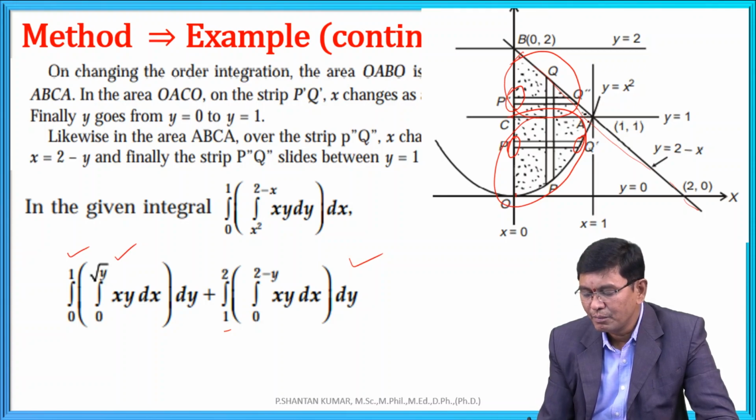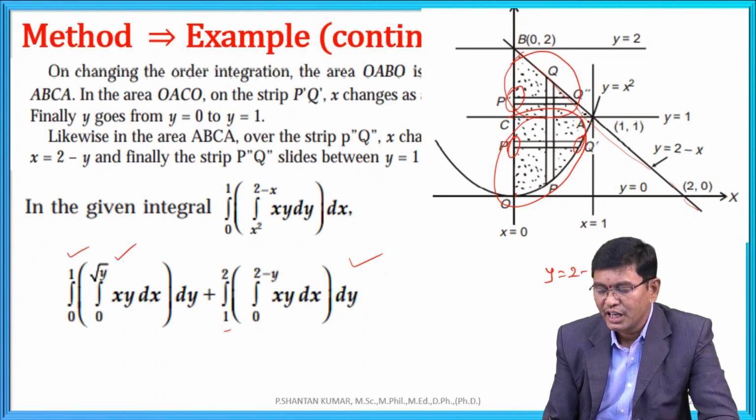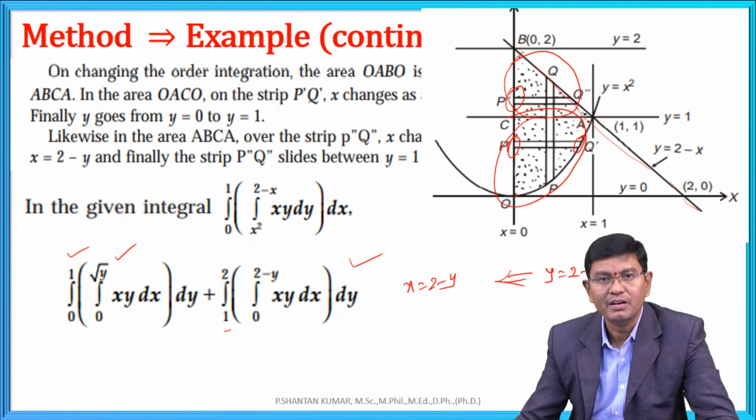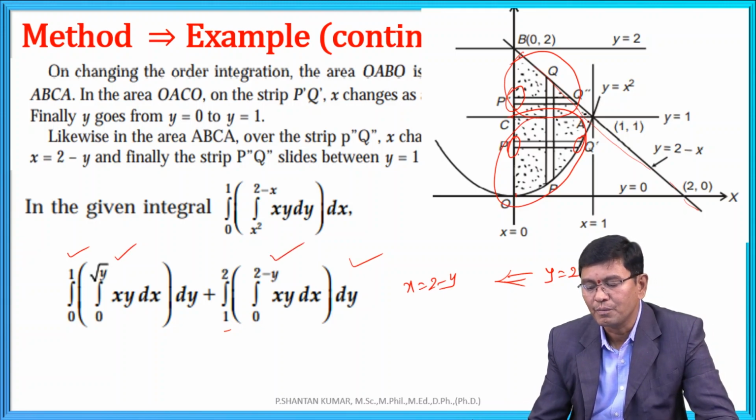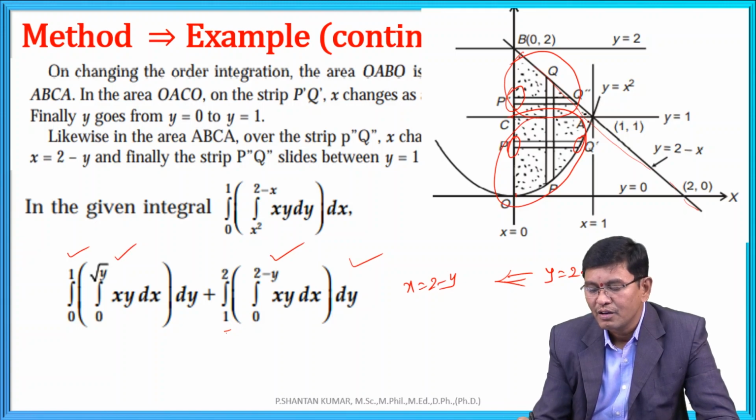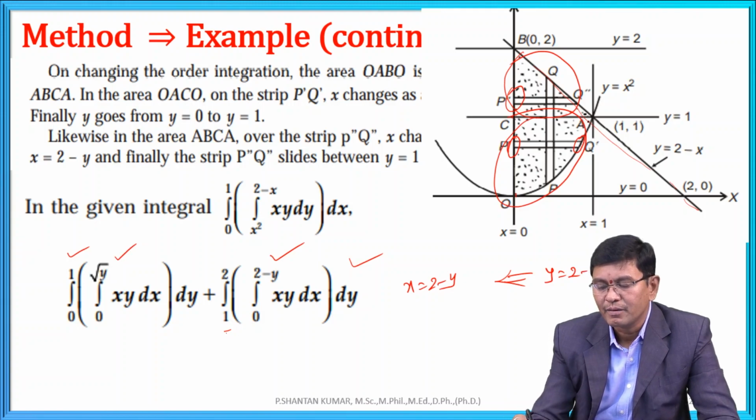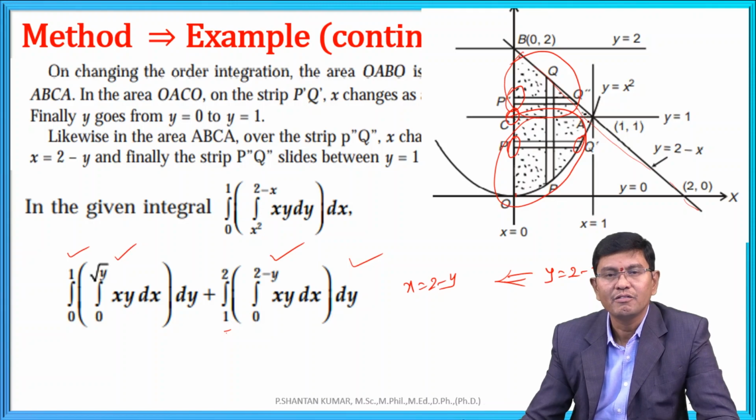Modifying y is equal to 2 minus x, clearly x is equal to 2 minus y, therefore this is the upper value. The remaining limits are y is equal to 1 to 2, because 1 is the value of intersection, and the upper limit is here.